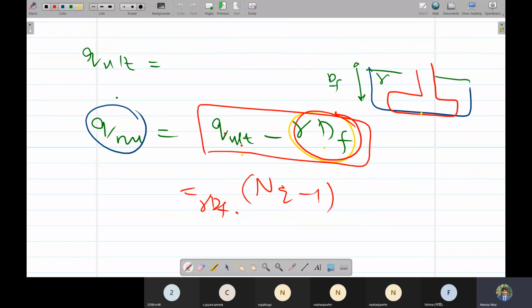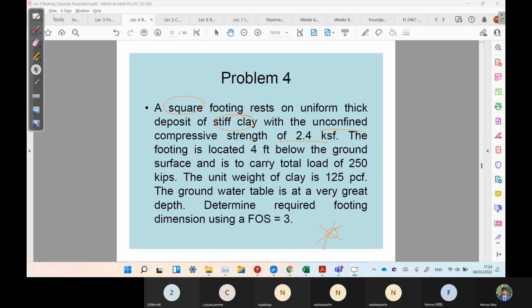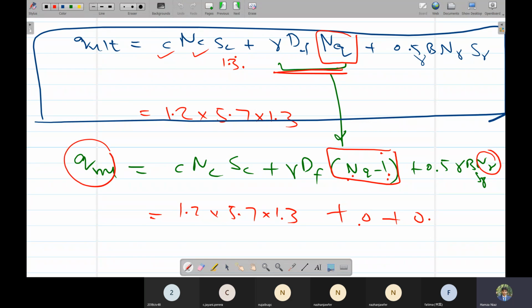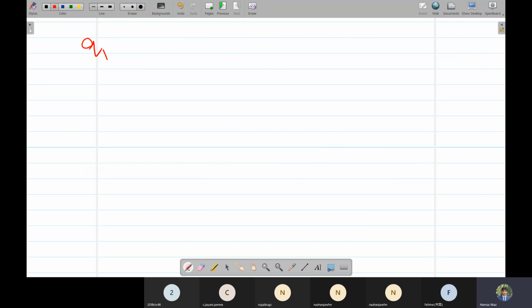So after finding Q net ultimate, we have to find the footing dimensions. After finding Q net ultimate, we have to find Q net safe.